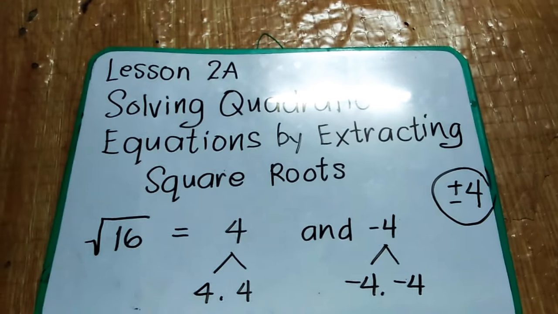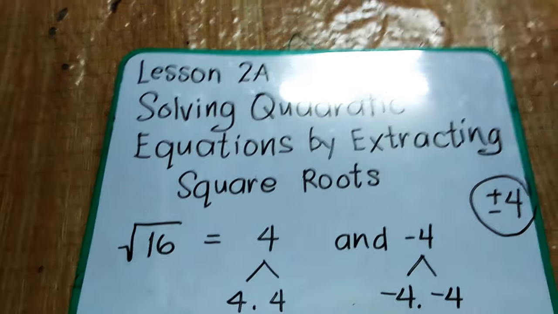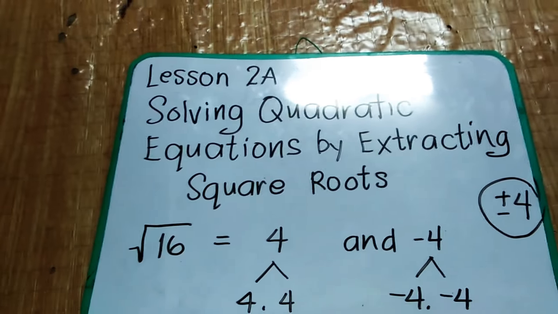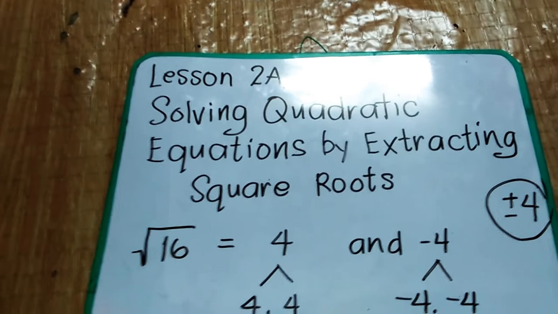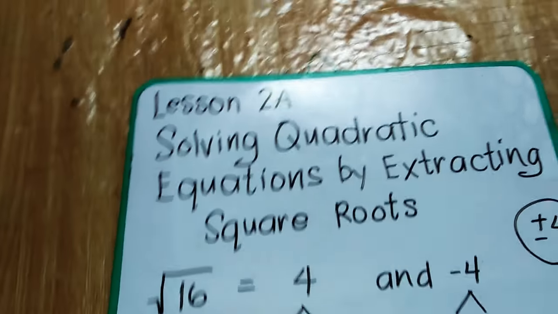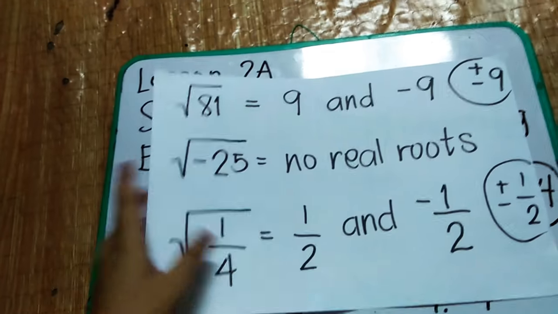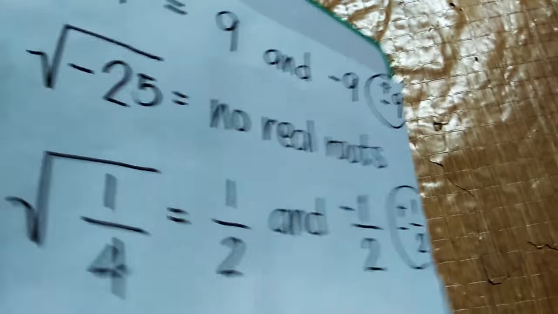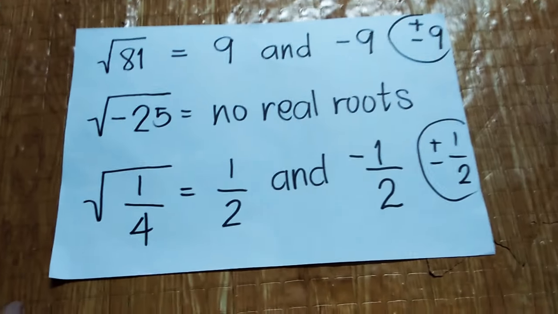Let's repeat: when we take the square root, the answer is always two, one positive and one negative number. Here is another example: the square root of 81.